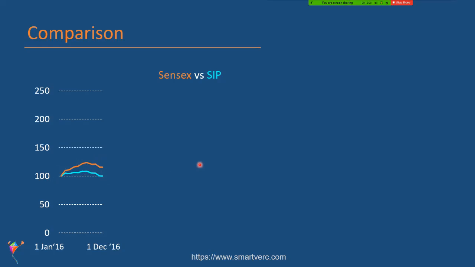So if you are starting a SIP and you are invested in Sensex, and it goes up, up, up and comes down to the same level, then your returns are going to be negative. Yes, Sensex is at the same level. It went up and closed at the same level. But what you did, you invested every time when it went up, though of course in a lesser amount, but you invested at those higher levels.